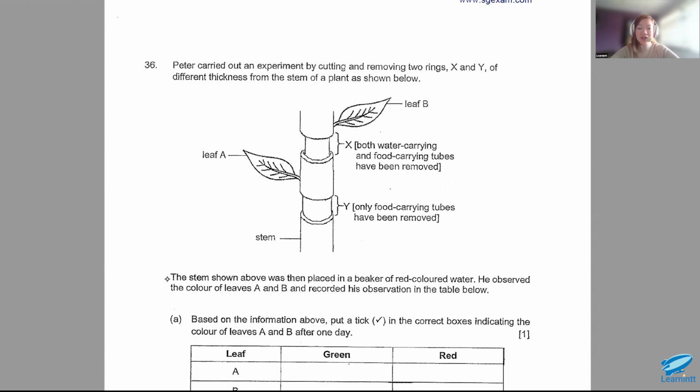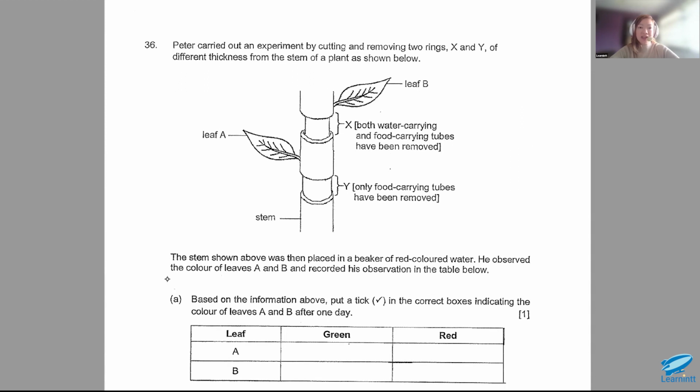Question 36. Peter carried out an experiment by cutting and removing two rings X and Y of different thickness from the stem of a plant as shown below. Let's look at it from the bottom up, it's easier. From the bottom, we have the stem, and then only food carrying tubes have been removed. So no food.